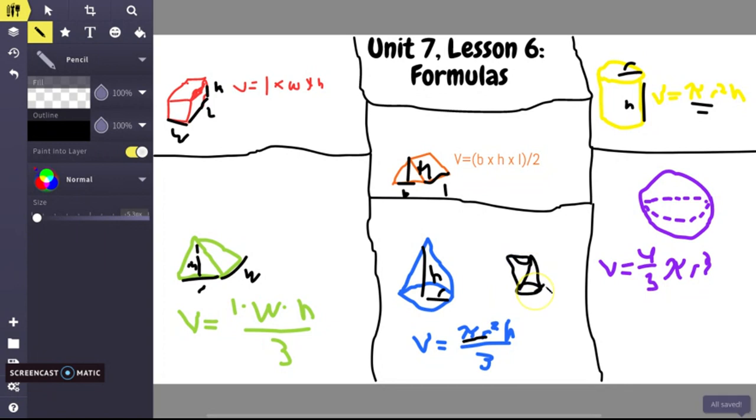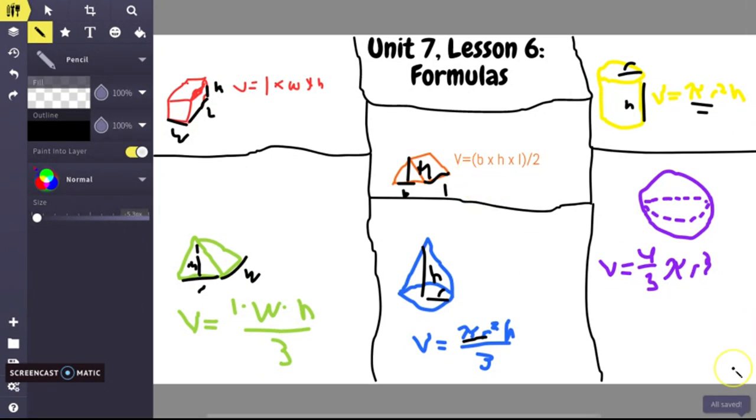And then you have another one that goes this way. All in all, when you put this together, it's really a cylinder. So that's why you have to divide it by 3. Same reason why you have to divide this by 3, or it would be the same as that. So if you can just imagine the 3 cones in there like this, 1, 2, 3, that's how you can tell.